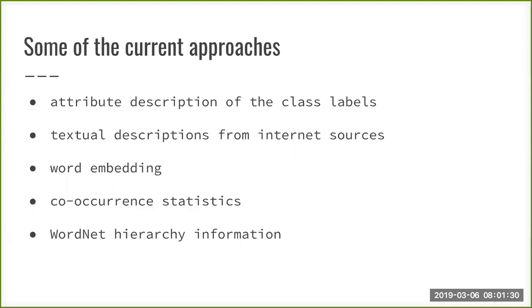Then there is a textual description from internet sources. You can use some natural language processing on top of that. The really popular one is word embedding, where you would use some pre-trained word embedding, like GloVe or Word2Vec, and try to use the structure of that embedding space to be able to make predictions from unseen labels.